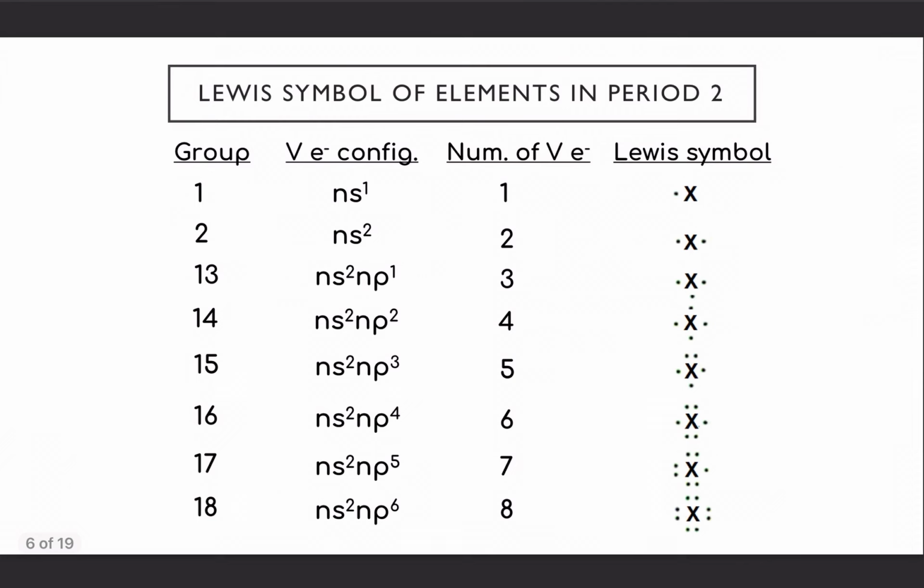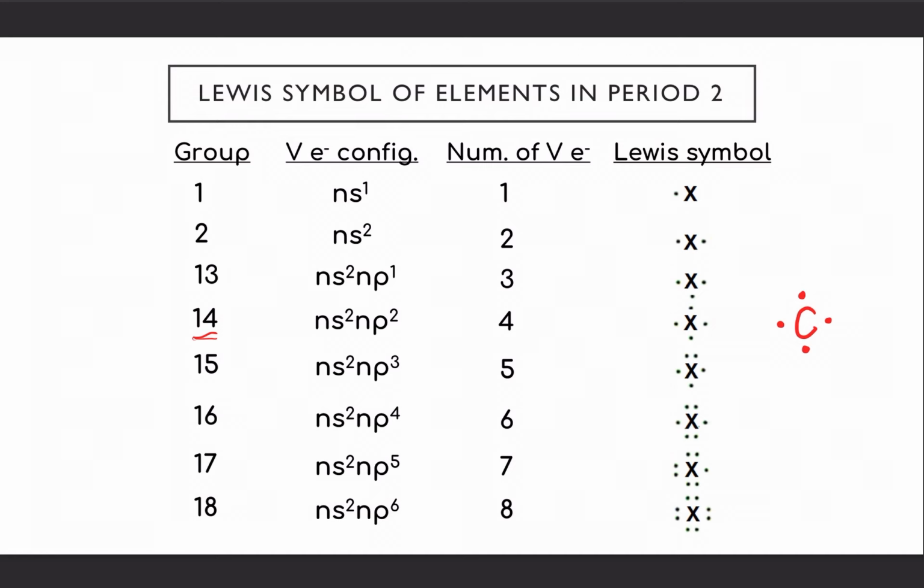For example, for group 14, like carbon, carbon will have 4 valence electrons. The way you draw your Lewis symbol is to put carbon and then 1, 2, 3, 4. Since you have 4 electrons around carbon, that means you will form 4 bonds maximum for carbon.